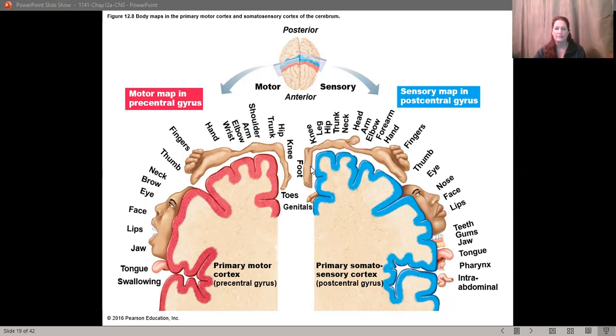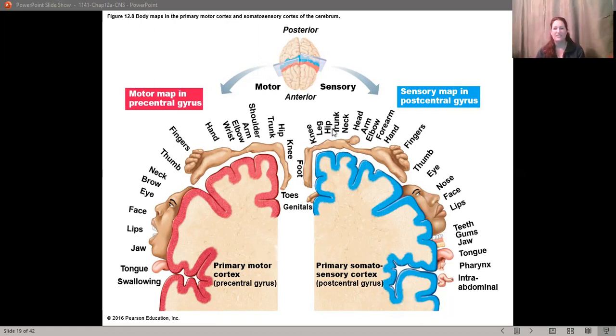This map is similar when we're looking at sensory. We have a disproportionate amount of neurons involved with sensory information in our fingers, as compared to things like our arm and elbow and hip and leg. You don't need to memorize this in any way.